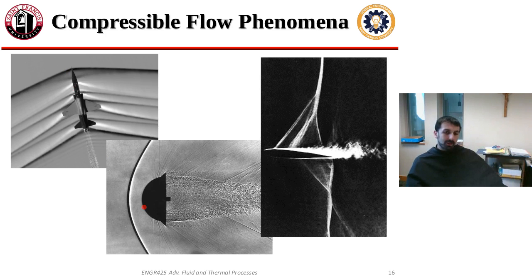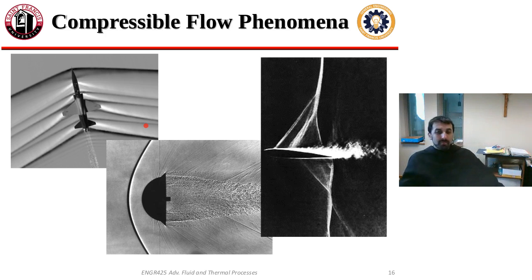But the flow still has to go around it. So it does that by creating a shock wave. In the front, it ends up being a normal shock, so it's more or less normal to the flow. But everywhere else, it's curved because of how the flow's turning. We kind of intuited last time that there's a relationship between the angle of the shock wave and how much the flow is turning at a given point.